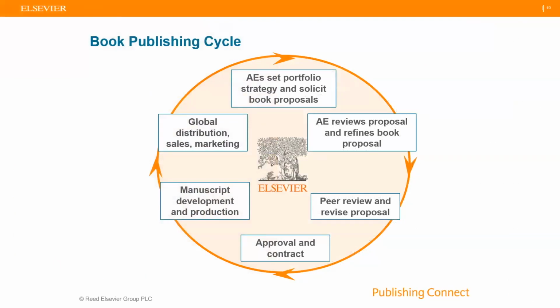So let me just explain the book publishing cycle. The acquisitions editor, at the beginning of the year, we decide what our strategy is and what topic areas we're going to publish in based on our market research. Then we go out and contact the top people in the field to either edit or author a book.